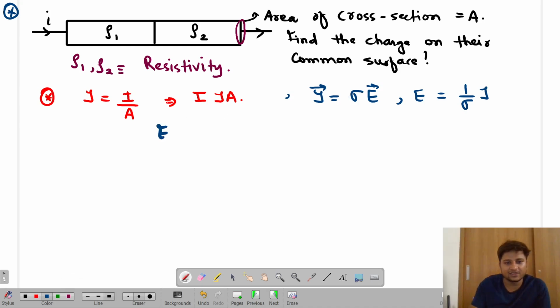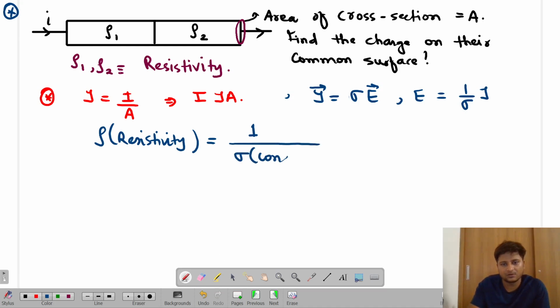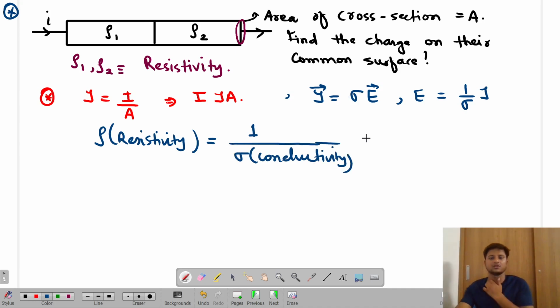Electric field is 1 by sigma into J, and you know that resistivity is 1 by sigma, conductivity, isn't it? Are you able to get me or not? So that means I can replace the E value. E is equal to rho into J, where rho is representing my resistivity. Are you able to get me or not?